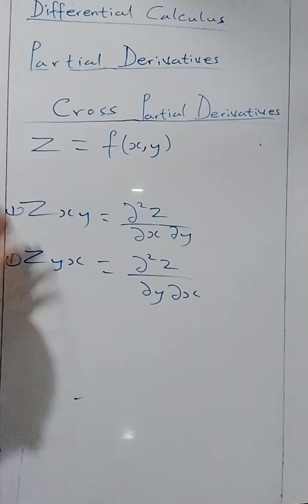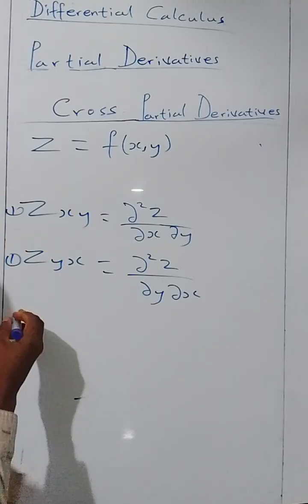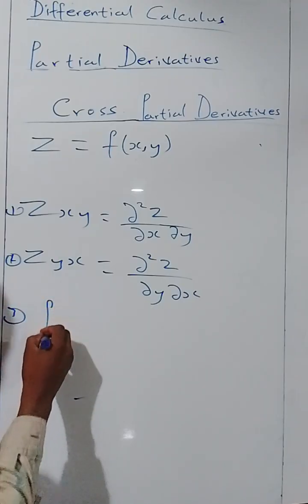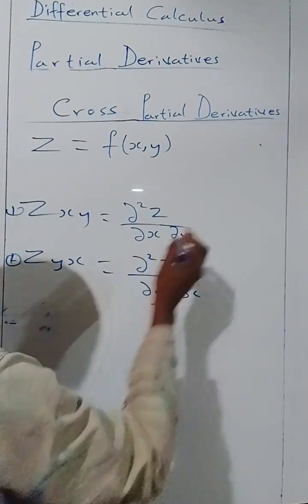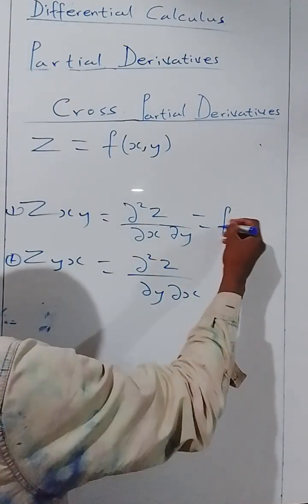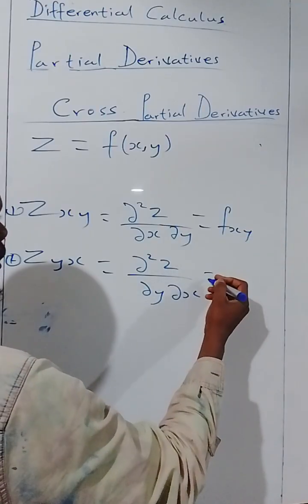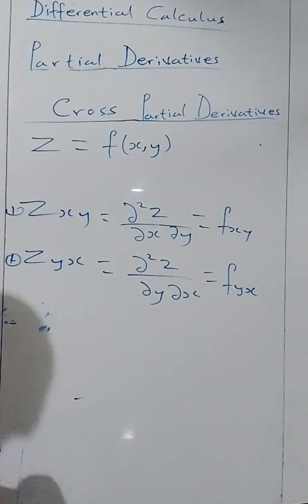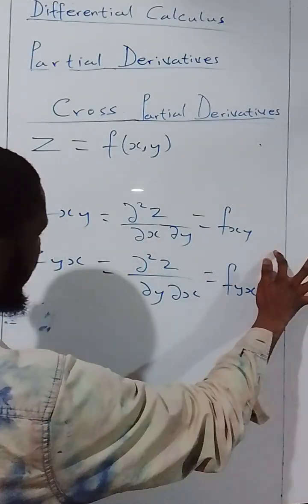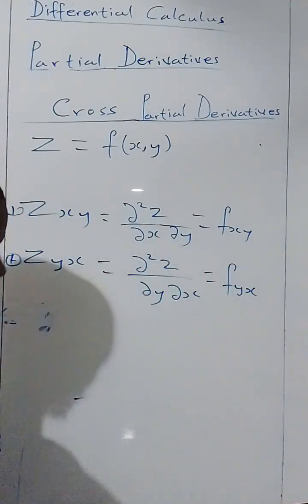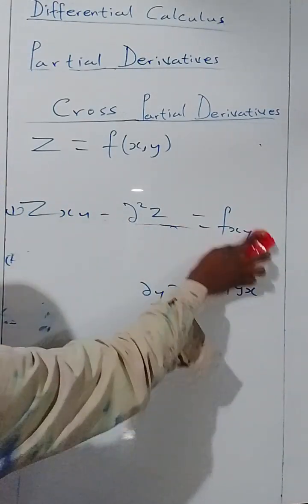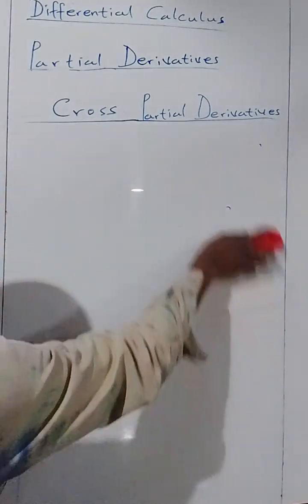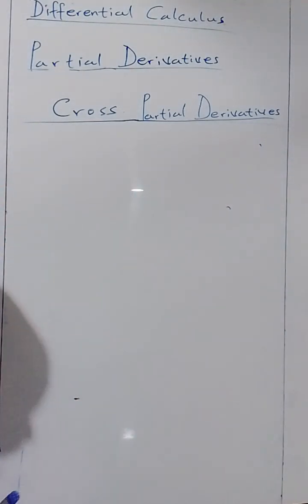These are different notations we use. At times we use notation like f xy, which is equivalent to f yx. So all these are equivalent. Now let's take a look at an example and solve it so that it will be clear.